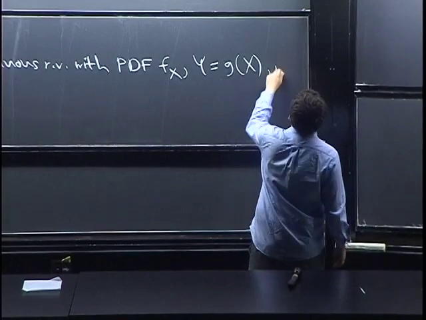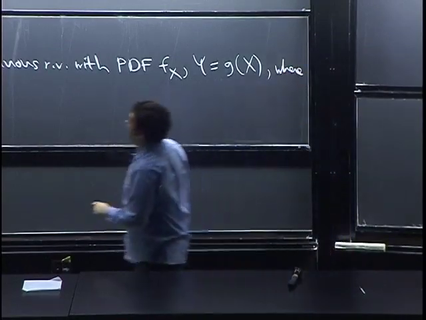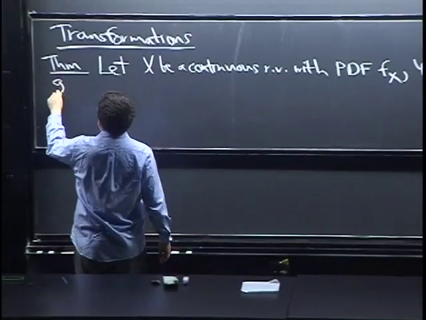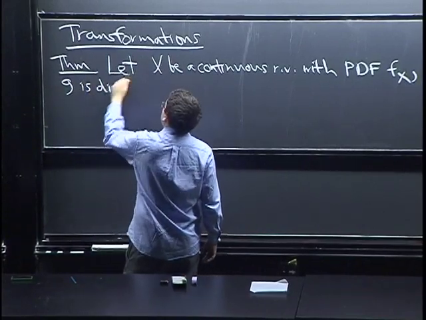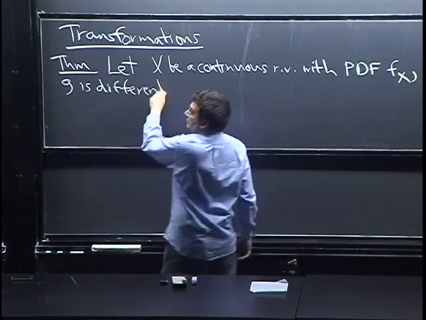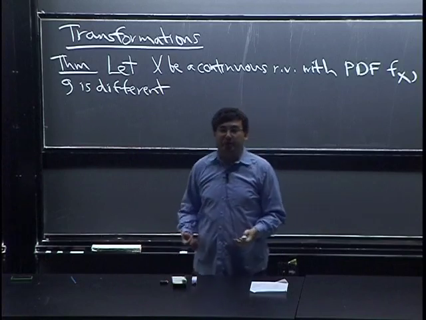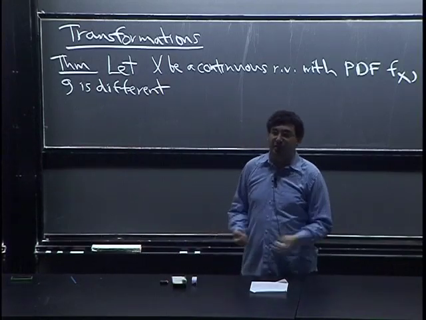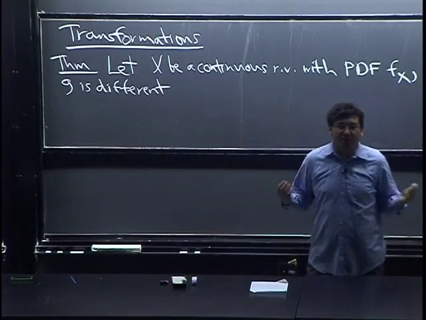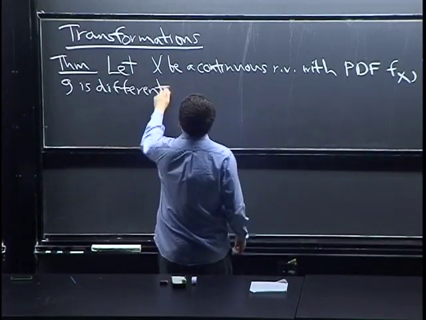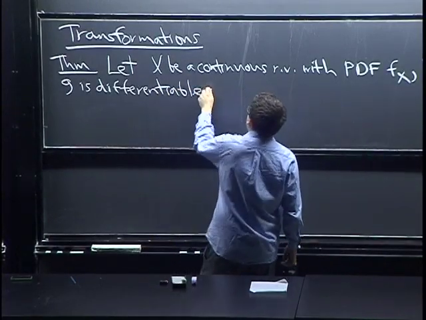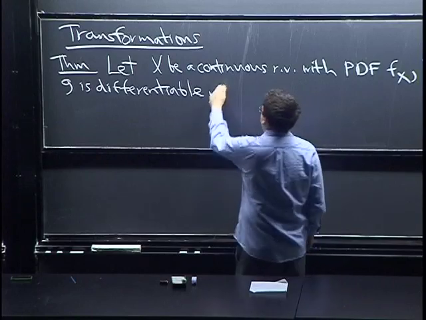So let's assume, to start with, that, first of all, g is differentiable. So in particular, it's continuous, but stronger than that. We want the derivative of g to exist everywhere, or at least everywhere of interest to us. And let's also assume that g is strictly increasing.